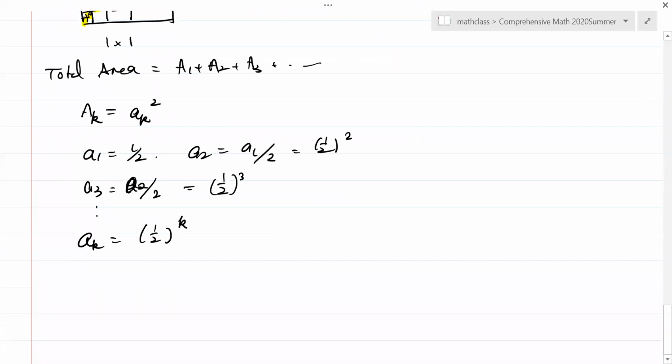And now I'm going to put it into here. Okay, what I'm going to do is a_k squared is 1 over 2 to the k, and the square. But this can be exchanged. k times 2 is 2k.